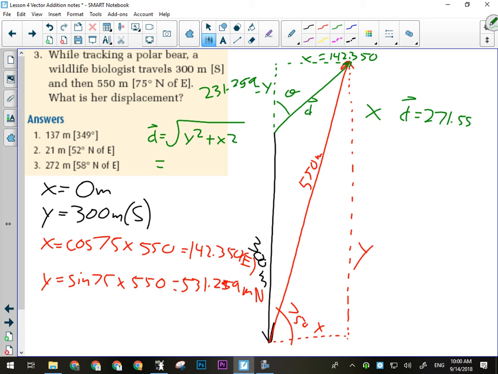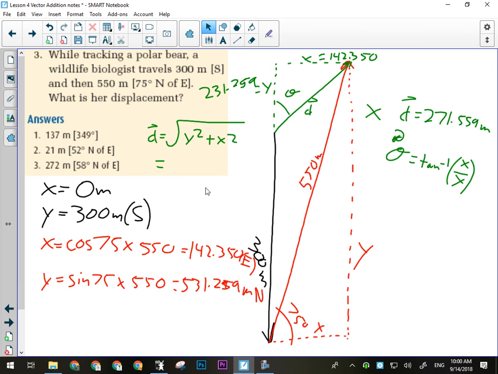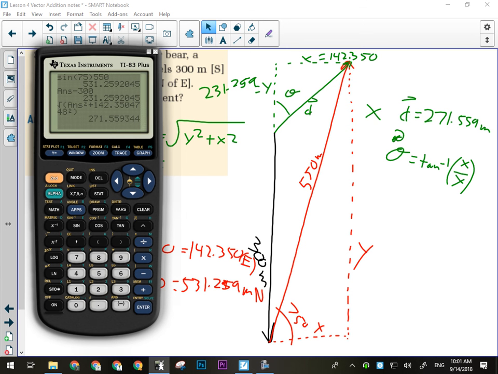And then we have to find the angle theta. So that'll be tan inverse. For the way I drew this, it'll be x over y. So we'll have second tan, and we will have 142.350 divided by our 231.259.